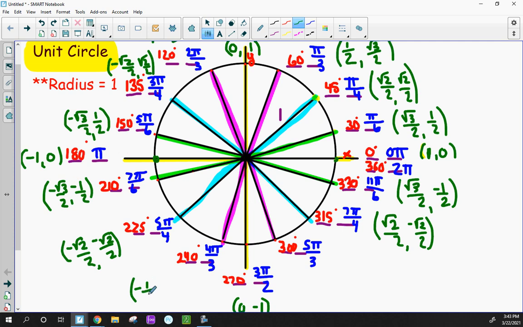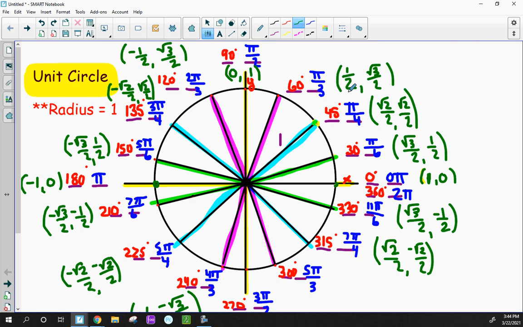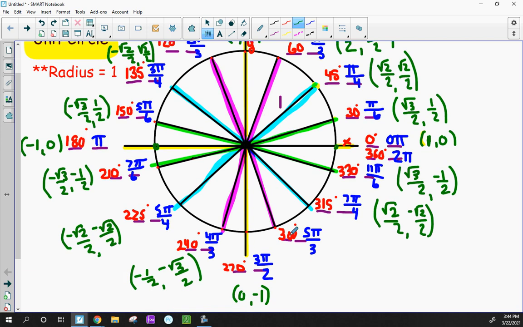X is negative, y is negative. Okay, we're going down here to 300. Looks like the last one. We're in the fourth quadrant, so a positive x, that's going to be 1/2, and a negative y value, that's going to be negative radical 3 over 2.